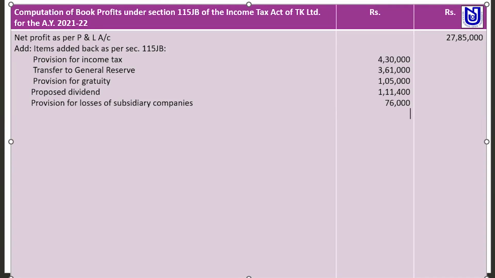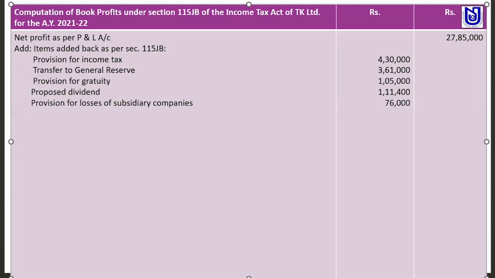Then expenditure to earn agricultural income. You see here, amount of expenditure relating to any income to which section 10, 11, 12 apply. You know that agricultural income relates to section 10(1). It is exempt. So expenditure to earn agricultural income has to be added back. I ask you to come on to page number 18 and see the point in F. Amount of expenditure relatable to any income to which section 10, 11, 12 other than 10(38) applies.